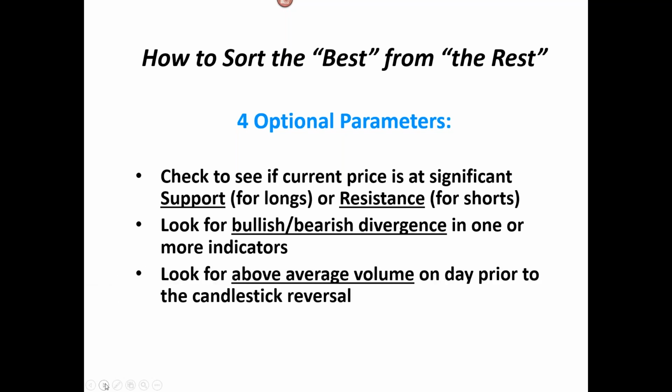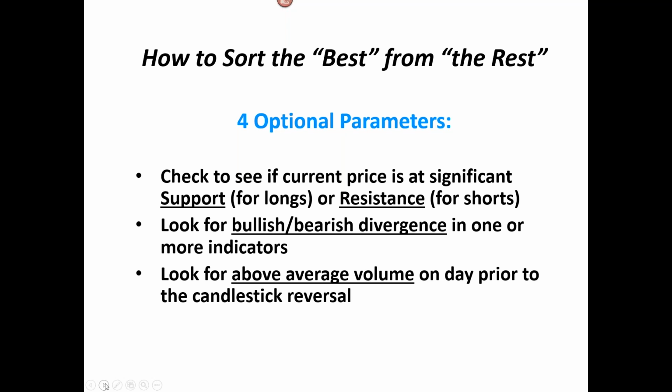You want to look for above average volume on that day that pushed price below the lower Bollinger Band and pushed price beyond 10% below the 20-period moving average. That's our signal day minus 1, and that's a key day for seeing high volume.